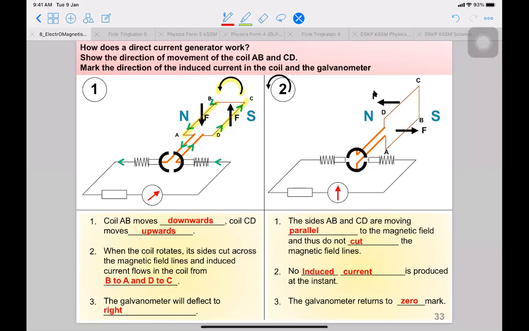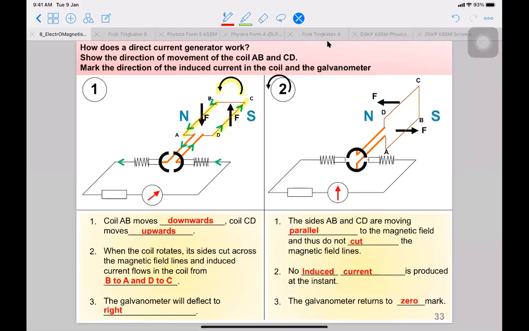Ngam? Semua tidak sure. Nama, tapi yang ada silap dia di sini nih.